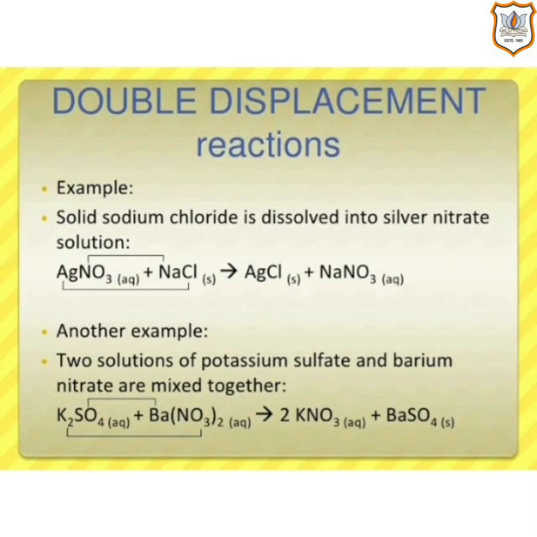And in the second example, we can see that when potassium sulfate and barium nitrate are mixed, we get potassium nitrate and barium sulfate. Here we can see potassium and barium exchange their places.